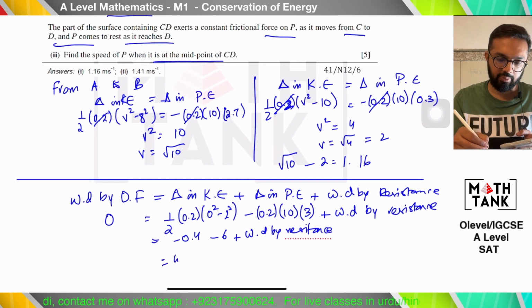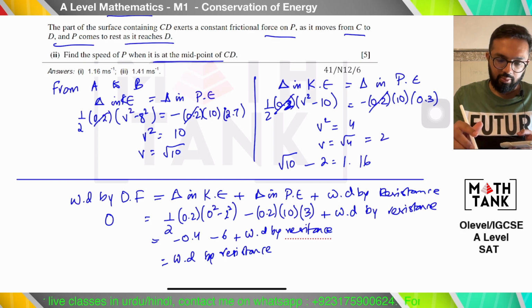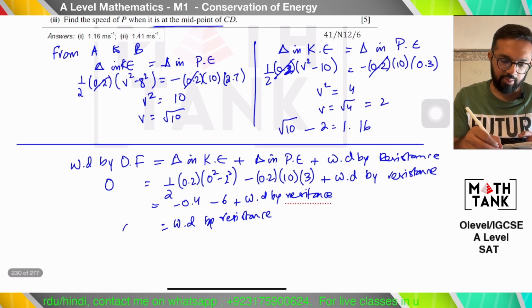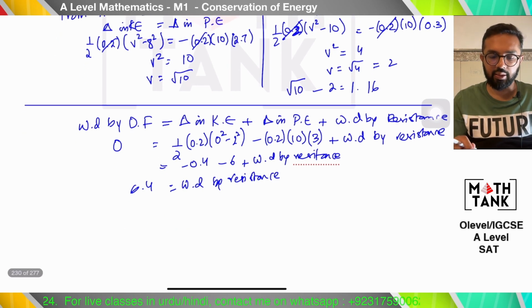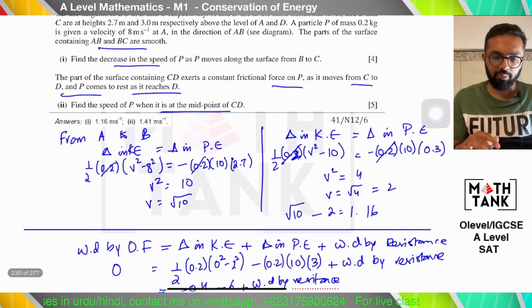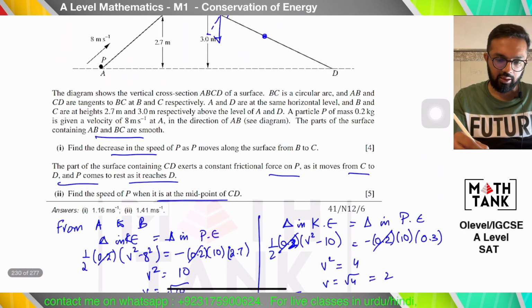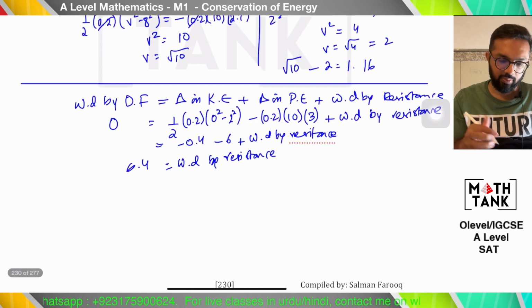So the work done by resistance is 6.4. Since the resistance was constant, I can say that when I'm aiming for the midpoint of CD, the work done by resistance will also be half.